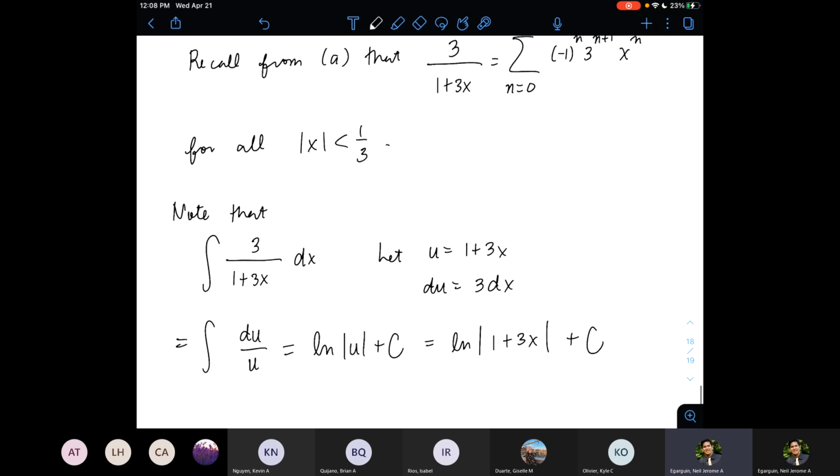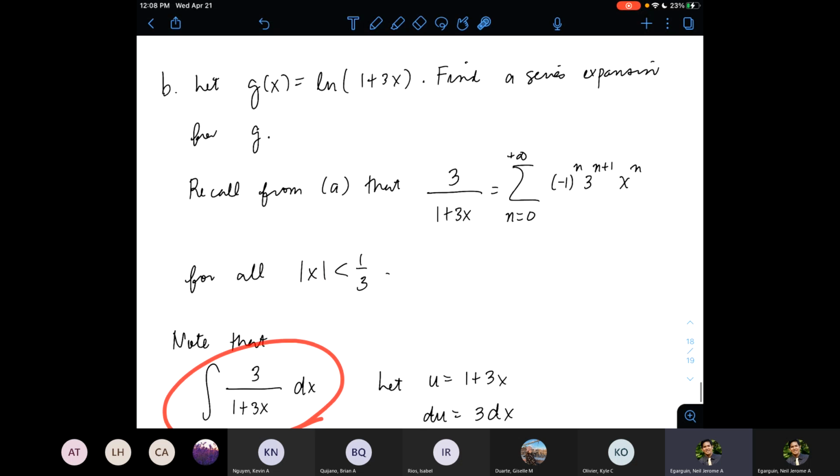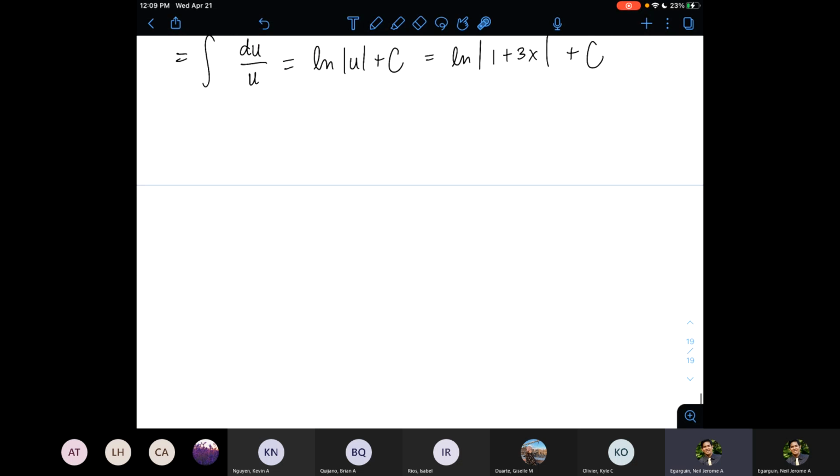And note that here we found out that the given function is the integral of the function we have for part A. So now this is what we have. We know that ln of 1 plus 3x, but this would be for all x's whose magnitude is less than 1/3.